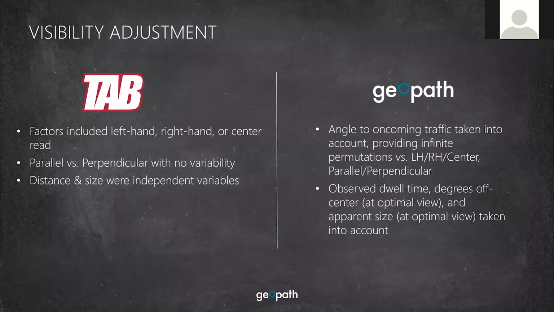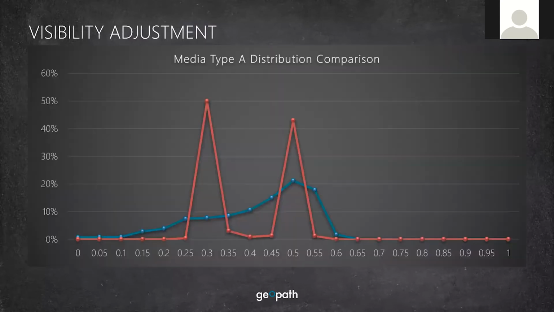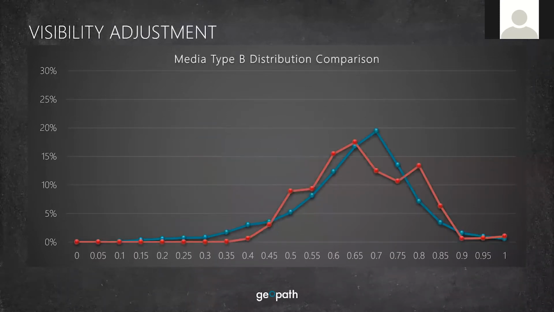So you're going to see a little bit of fluctuation as we go from the existing model to the new model, much more nuanced, still trending in approximately the same ranges, but you're seeing more unique relationships between the inventory and the audiences.